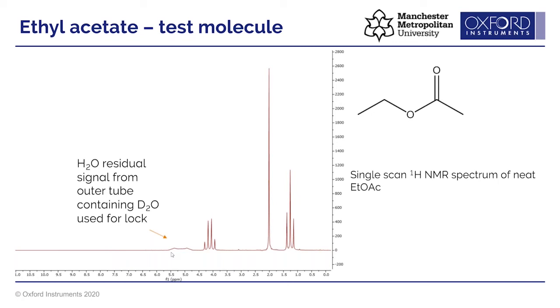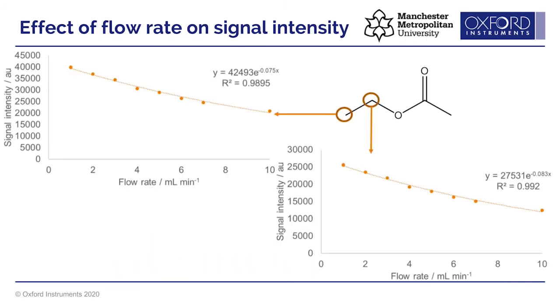So this is what I'm showing on this slide here, where we're just monitoring the actual signal intensity of the CH3 of the ethyl group or the CH2 of the ethyl group, and plotting them as a function of flow rate. The flow rates here go from 1 mL per minute up to 10 mL per minute.